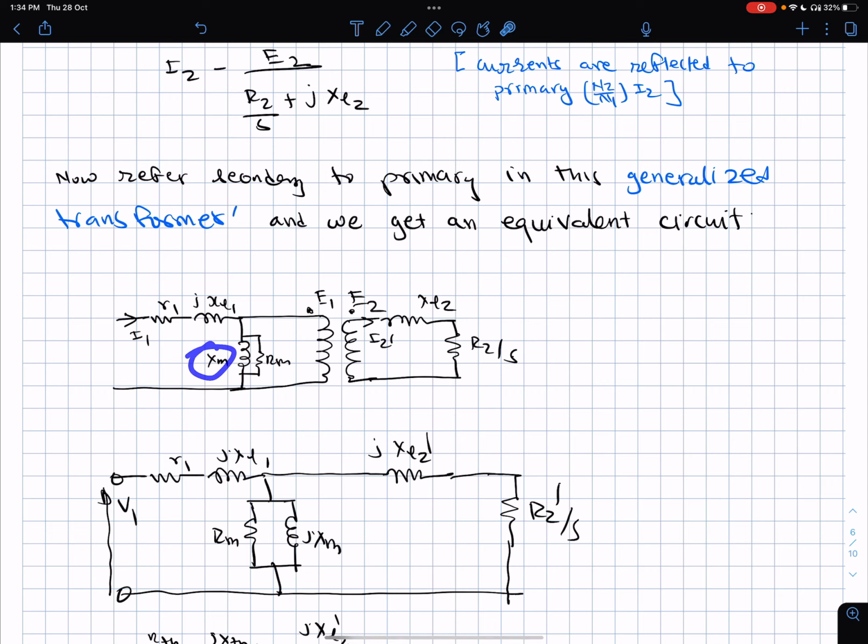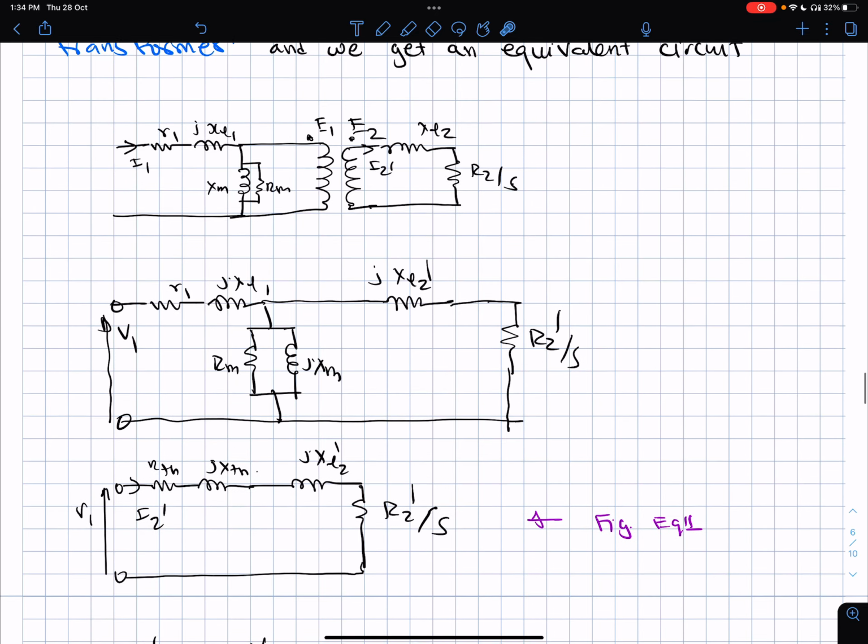The magnetizing impedance here should be lower than in a normal transformer, because the air gap means higher reluctance, which means lower Xm. Then this is the ideal transformer, with effective turns ratio N1 by N2, then E1, E2, XL2, and the resistance should now be written as R2 by s.